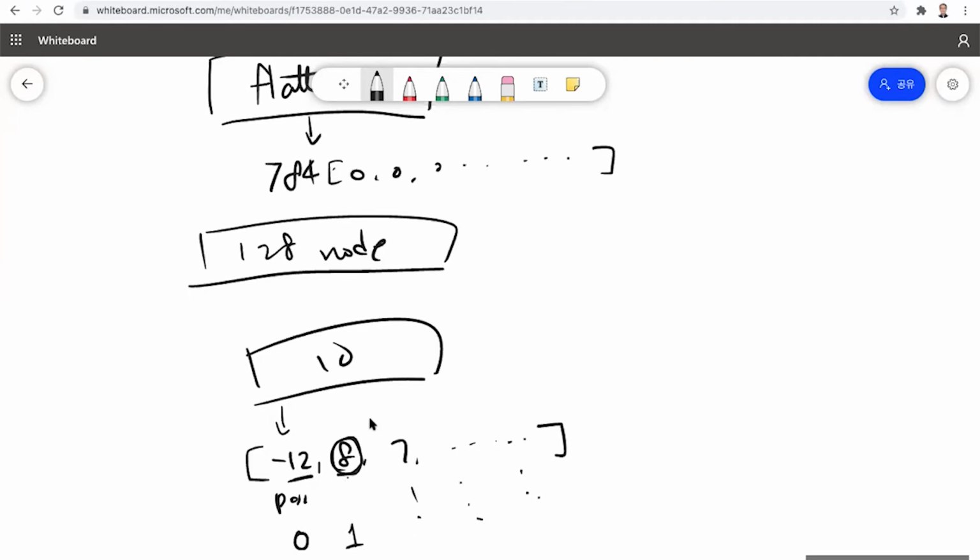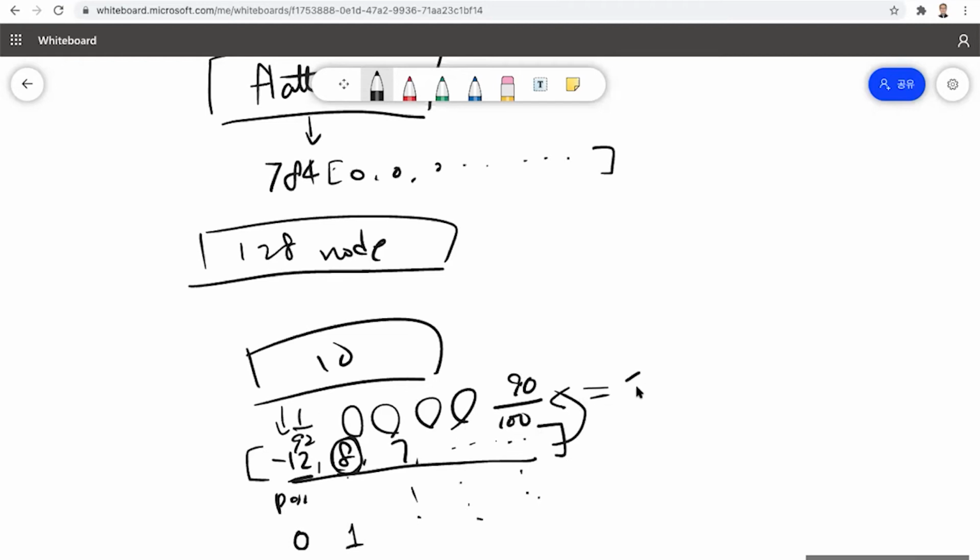What I'm going to show you is how we can make these 10 numbers into probabilities, so that when you add these 10 numbers, you get 1.